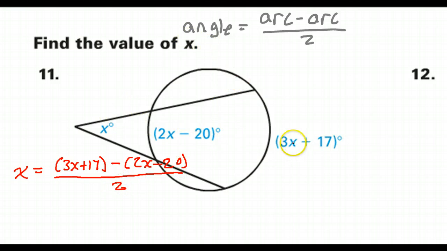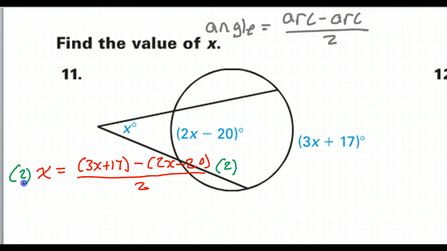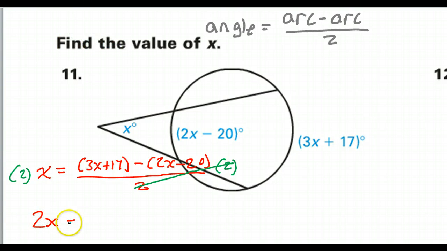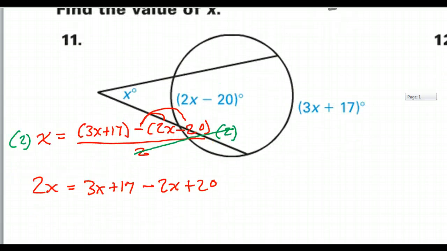I just put each of these three expressions in where they go. To solve equations like this, I need to multiply both sides by 2 to get rid of the denominator. So that way these 2's will cancel each other out. That is going to give me 2x equals 3x plus 17. Now be careful, when you have a negative sign in front of parentheses like this, you need to distribute that, like you're basically multiplying by -1. So this is going to be negative 2x plus 20, not minus 20.